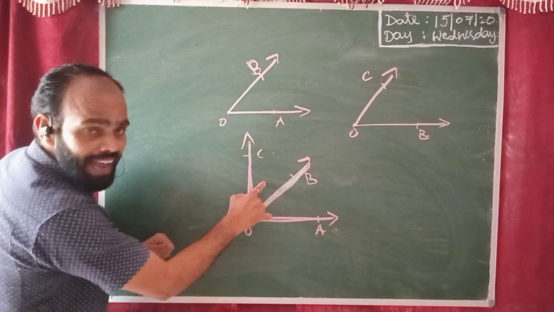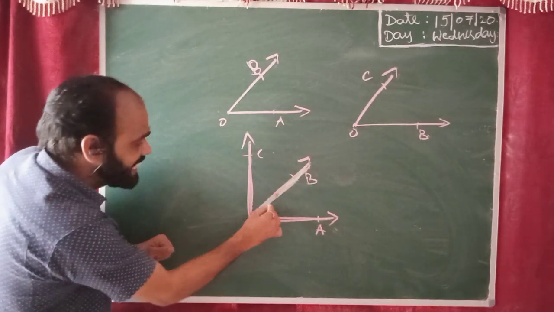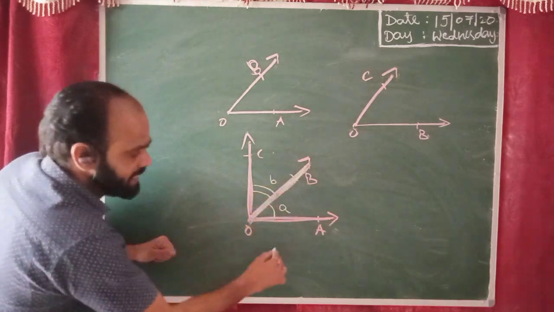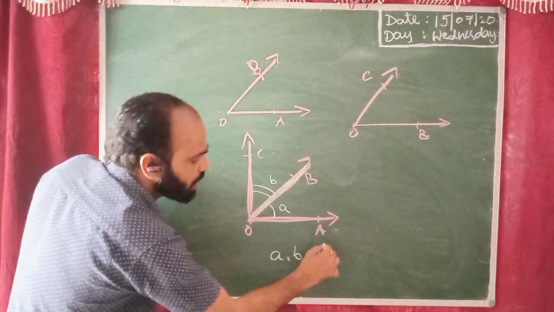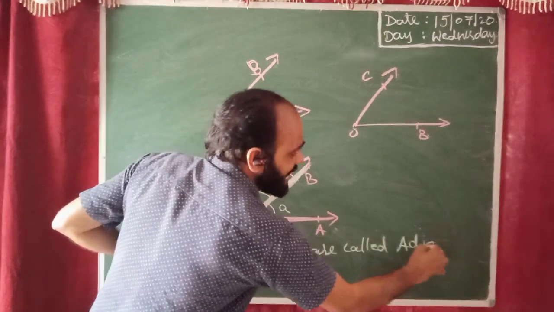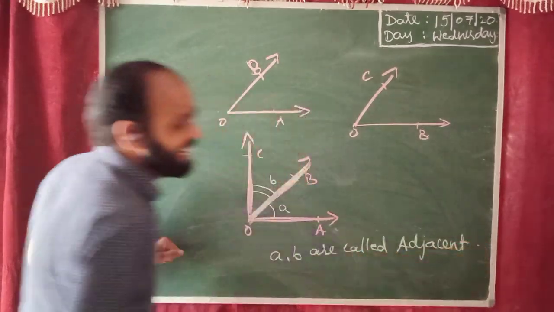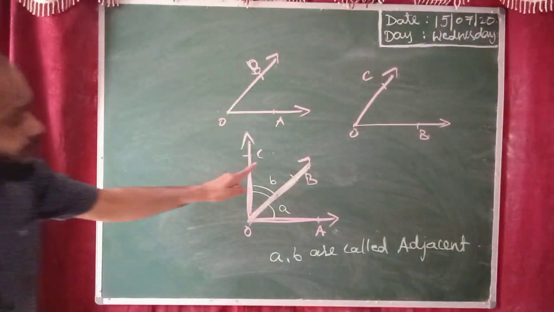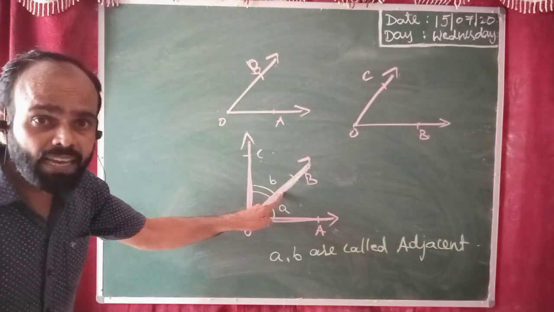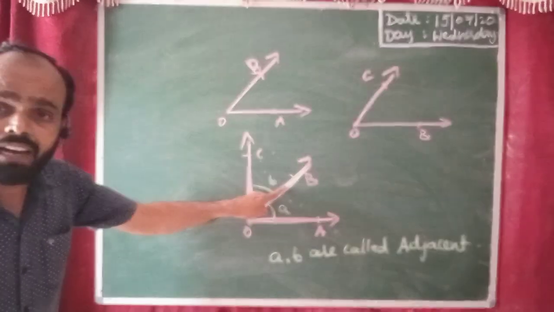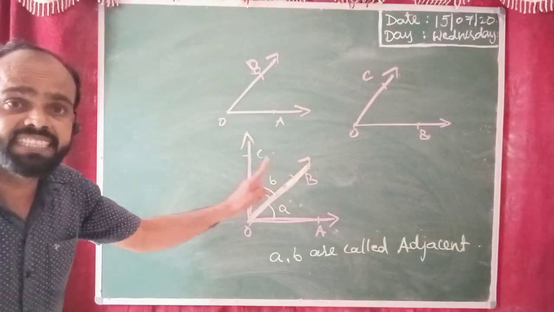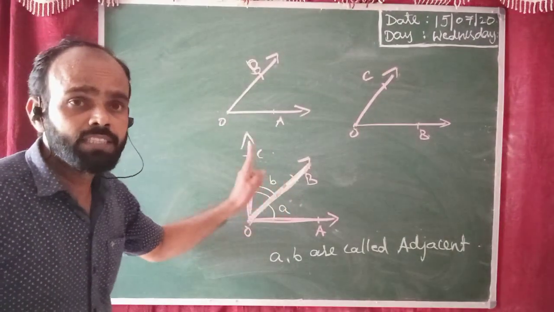Now, a pair of angles with one common side, what do we call this? In this case, these are called adjacent angles. A pair of angles which have got one common side, we call them adjacent angles. Okay, just make a note of this.